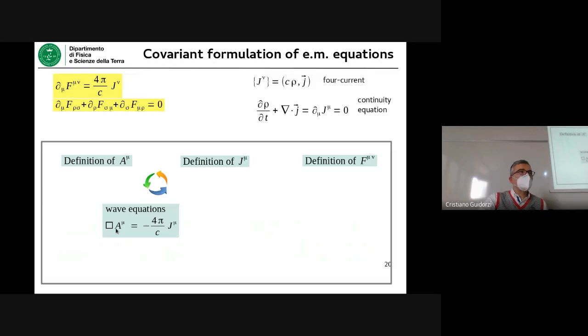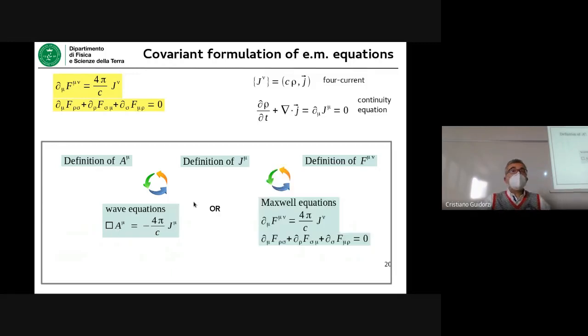Once you know the four-vector potentials, of course you know how to derive both the electric field and magnetic field. Or in a fully equivalent way, you don't care about the four-vector potentials, you just start from J mu and you solve Maxwell equations expressed in a covariant way, which means you have to find the individual components of the electromagnetic tensor.